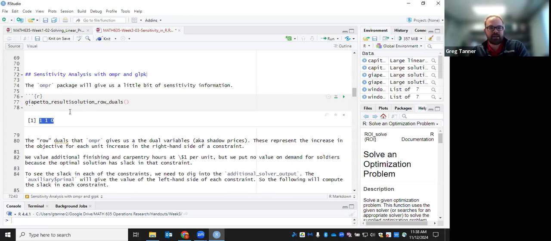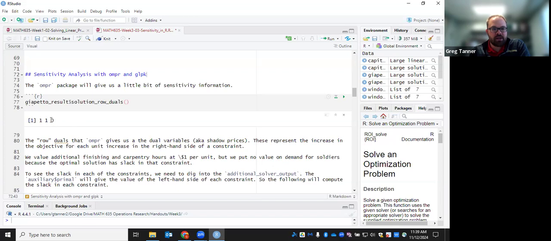These are the shadow prices, and they represent the increase in the objective for each unit increase in the right-hand side of the constraint. And so our right-hand sides represent the amount of finishing labor, carpentry labor, and demand for soldiers. And so these values here of 1, 1, and 0 represent that we're willing to pay $1 for every additional hour of finishing labor or carpentry labor, in this case, since they're both ones, will increase our profit by $1.